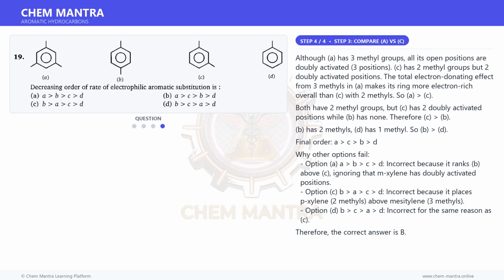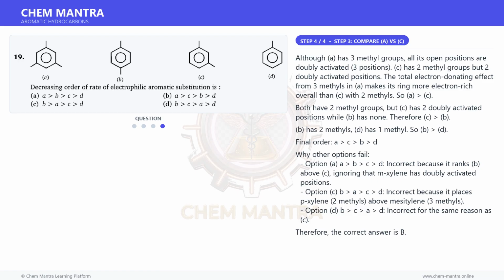And for the final step. Although A has 3 methyl groups, all its open positions are doubly activated, 3 positions. C has 2 methyl groups but 2 doubly activated positions. The total electron donating effect from 3 methyls in A makes its ring more electron-rich overall than C with 2 methyls.